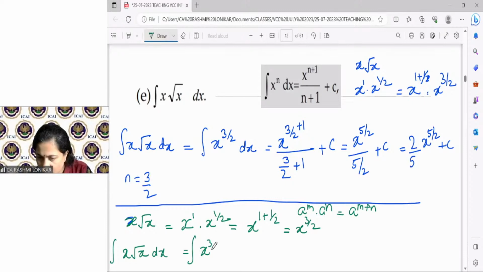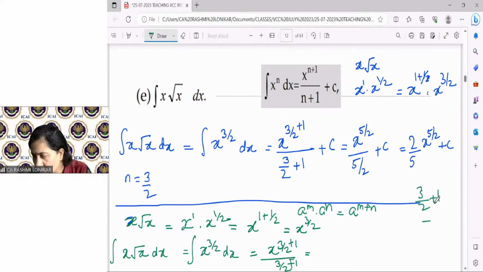Once I have that, integral of x root x dx is equal to integral of x raised to 3 by 2 dx, which is equal to x raised to 3 by 2 plus 1 upon 3 by 2 plus 1. Now, what is 3 by 2 plus 1? LCM of 2, 3 plus 2, which is equal to 5 by 2.